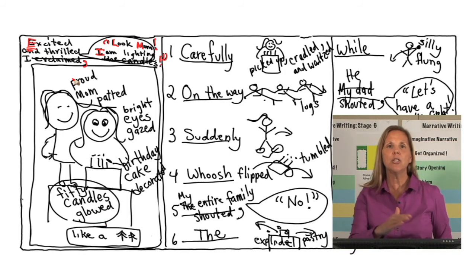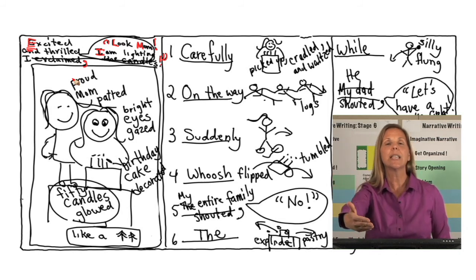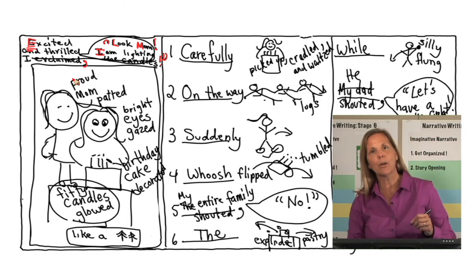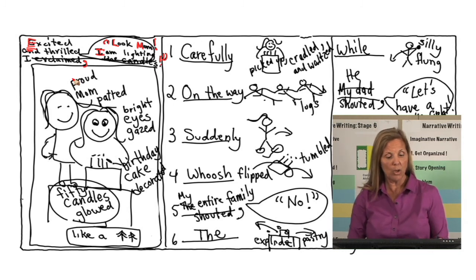If you have some kids who don't need to label the capitals and punctuation, they've already orally rehearsed their paper, they're ready to go, they go and write. Your kids that need it, they can continue with you in the lesson. You together are going to label where the capitals, the commas, the quotation marks, the periods, exclamation points will go in their paper. So we'll go through our paper and we'll label it.